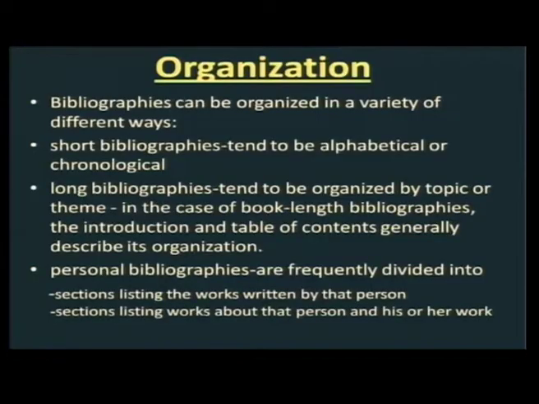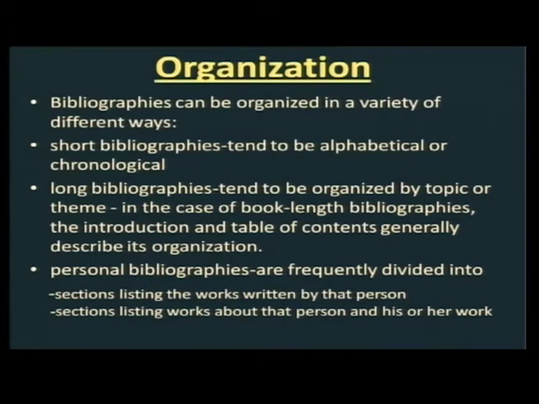Organization. Bibliographies can be organized in a variety of different ways. Short bibliographies tend to be alphabetical or chronological, by date wise. Long bibliographies tend to be organized by topic or theme. In the case of book-length bibliographies, the introduction and the table of contents generally describe the organization.